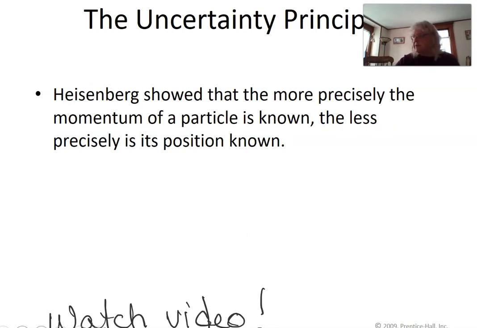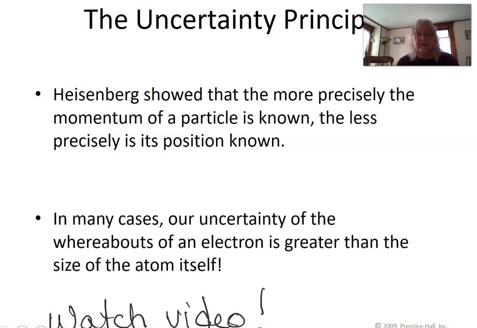This brings us to the Heisenberg uncertainty principle. Rather than explain it to you, I'm going to ask you to go back into the course documents, where there's a short video posted that talks about the relationship between the momentum and the wavelength of an electron. What Heisenberg showed is that the more precisely the momentum of a particle such as an electron is known, so momentum would be mass and velocity, the less precisely I can know its position.